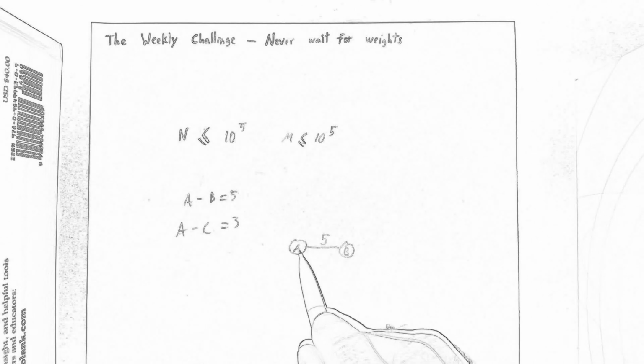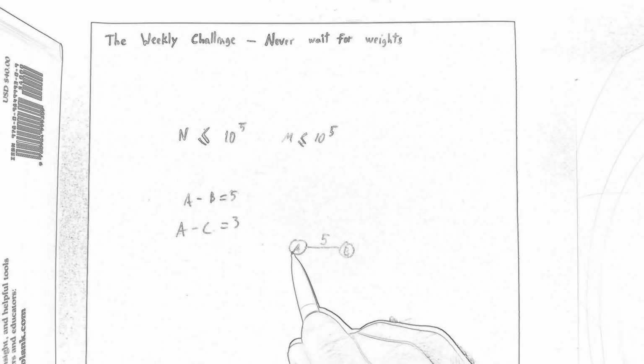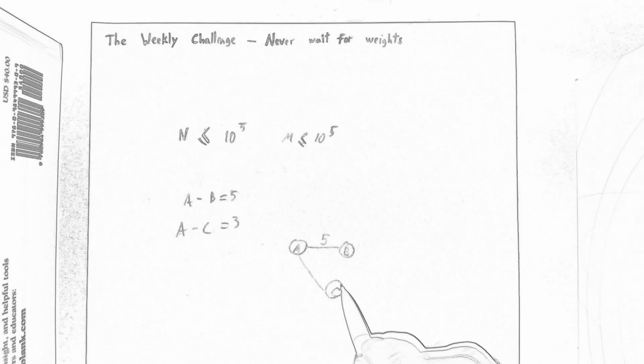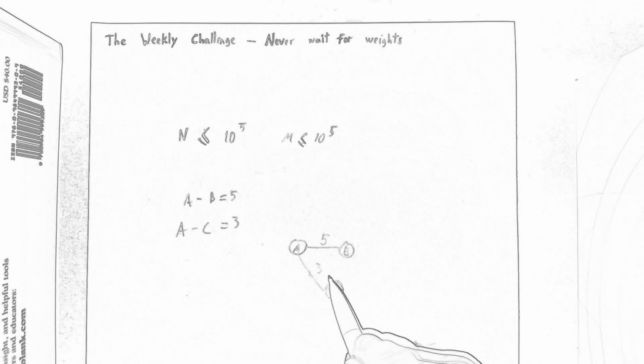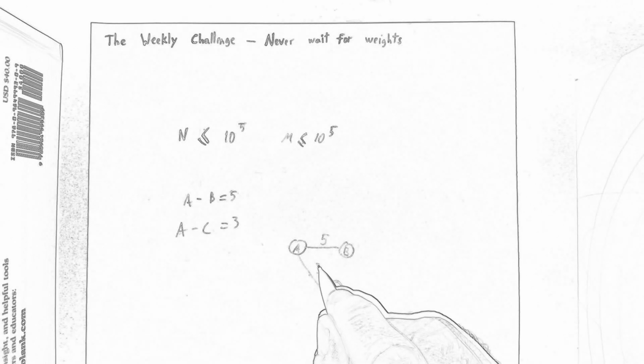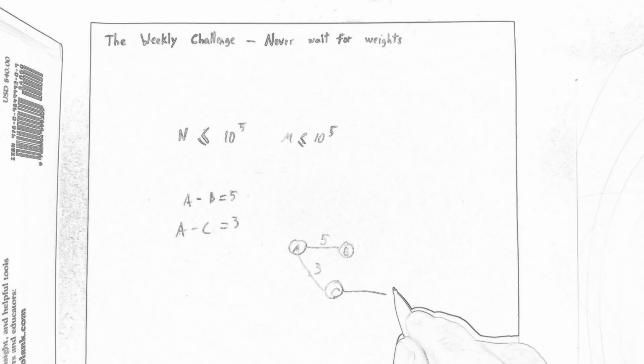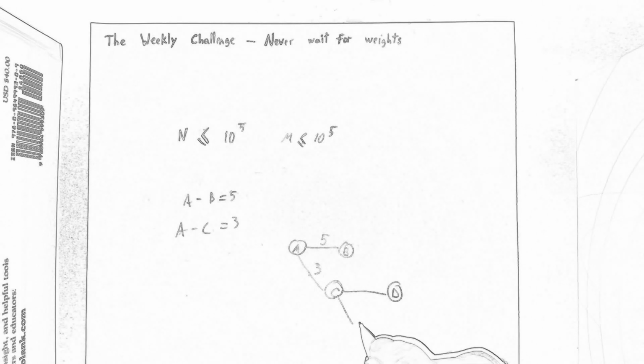So in this case, this edge tells us the difference between a and b, and this edge would tell us the difference between a and c, which happens to be 3. So if we get to know the difference between c and, let's say, a variable d, which is here, or c and a variable e, which is represented by this node.